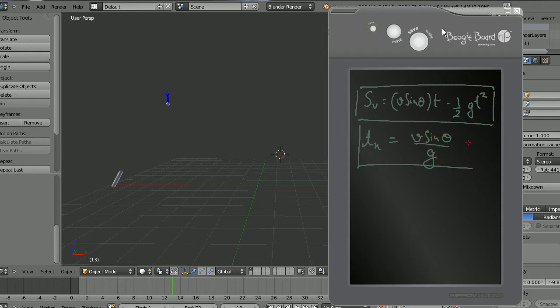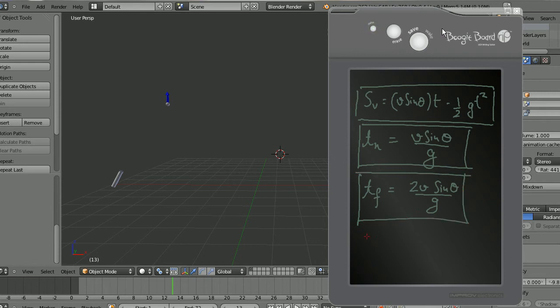This is the second one. The time it takes to complete its total flight path is 2v sine theta by g, total time of flight, and the maximum height it reaches is half v square sine square theta by g.